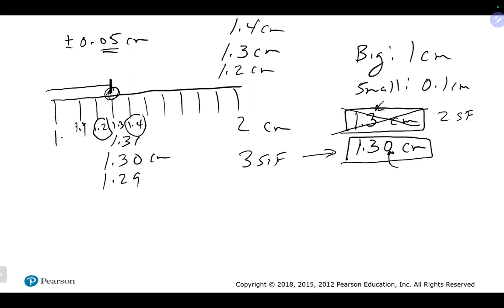Otherwise, if you get rid of that 0, A, technically it's wrong, and B, you made your measurement a heck of a lot worse than it should be. You created a lot more error. There's a lot bigger error difference between 1.3 and 1.4 and 1.2 than there is going one more place to the right, where the difference is 0.01. So there's a lot more error that you created by just lopping off that number.